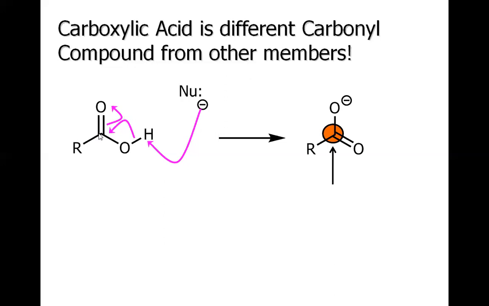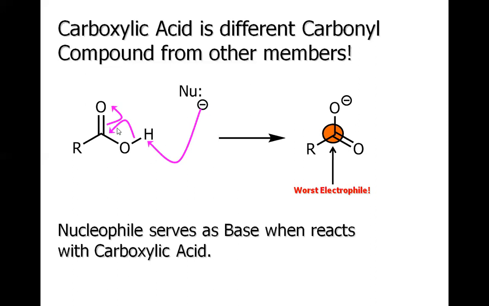This carbonyl carbon was not a good electrophile because of two oxygens which pull electron density, and this oxygen's lone pair shifts its electron density here, giving conjugation. But once the carboxylate salt has been formed, the electrophilicity further decreases. And the nucleophile, rather than serving as a nucleophile, serves as a base when it reacts with the carboxylic acid.